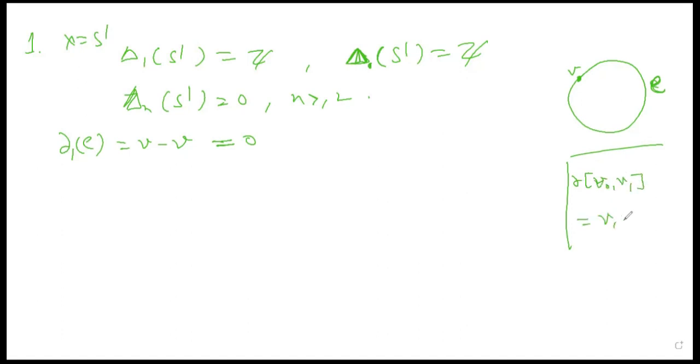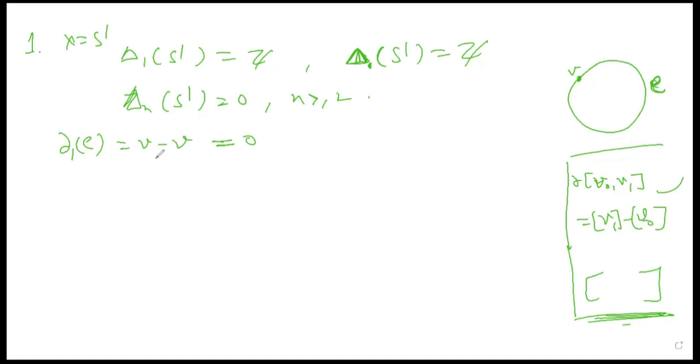This is just V1 minus V naught. This bracket I am not putting here because that was for the case when we are considering oriented simplices, but here we are not considering oriented simplices. This bracket was there because it represented a class, right?